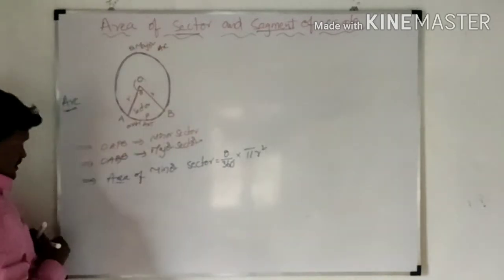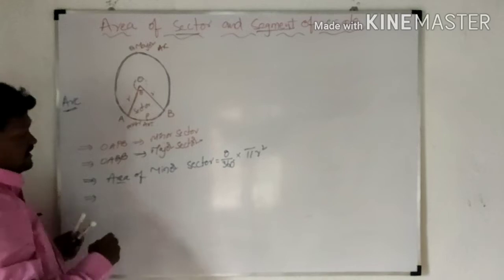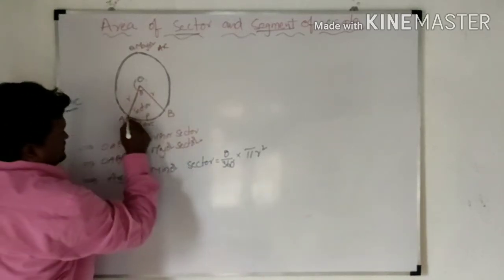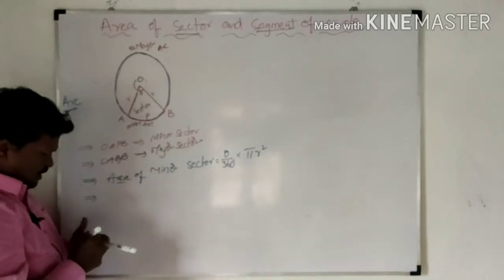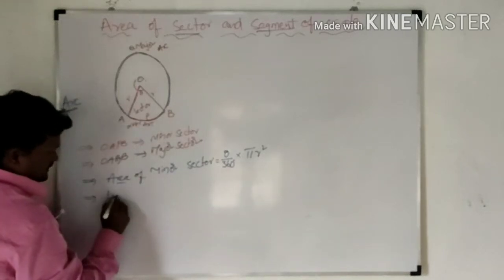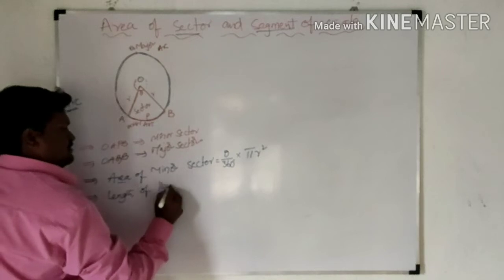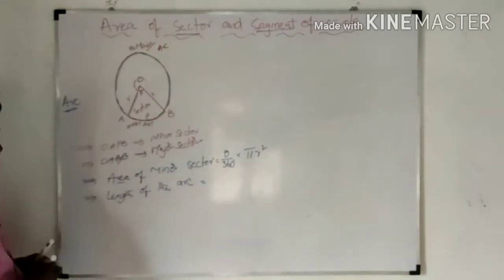Now we can also find the length of the arc. See, this is the arc. This length also we can find. How can we find it?